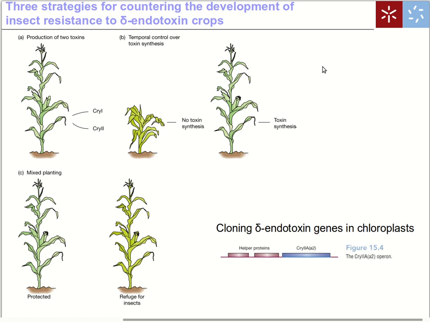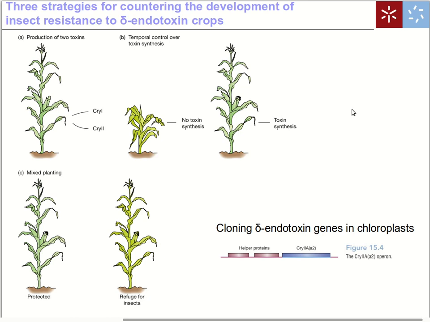Expression of the delta endotoxins in plants has proven to generate plants very toxic to insects, which is good, but it also poses a problem, since insects are quite numerous and have a short generation span, so it's very difficult to avoid resistance due to natural selection.